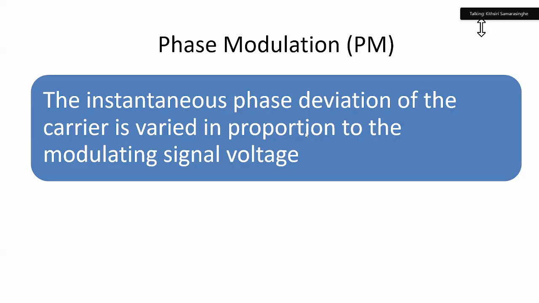Then defining modulation, if that instantaneous phase deviation of the carrier is proportional to the modulating signal voltage, then we can impart all variations of the modulating signal as phase deviations on the carrier. So that is the idea of PM.